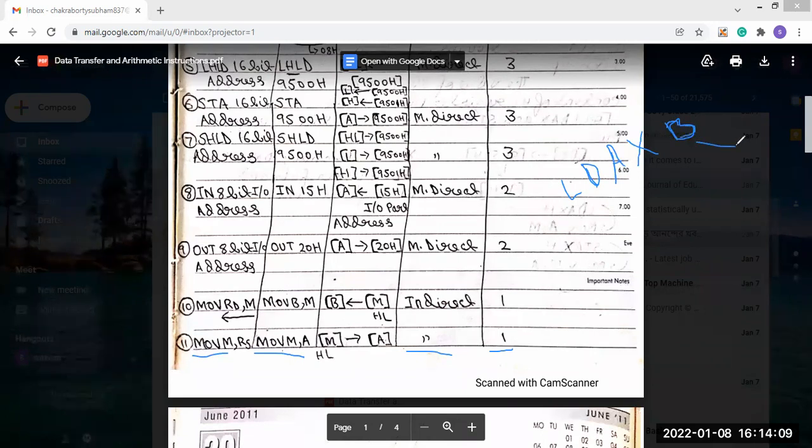What will be the byte length of this instruction? Anyone? It is 1. Yes, the byte length of the instruction will be 1. And which type of addressing mode is it? Which type of addressing mode?